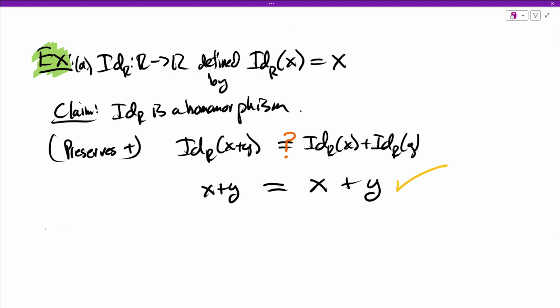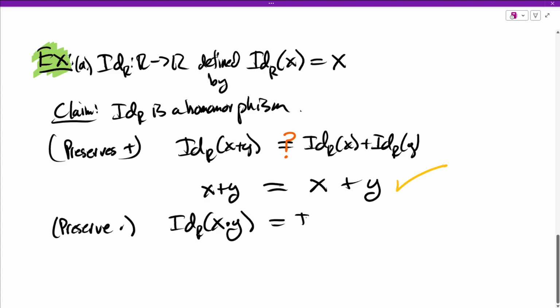Gold check mark. Then we're going to ask, does it preserve times? So is it true that the identity of x times y is equal to the identity of x times the identity on y? Oops, that's supposed to be a times. And so this is a question.